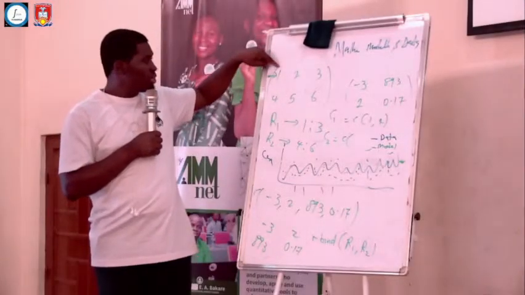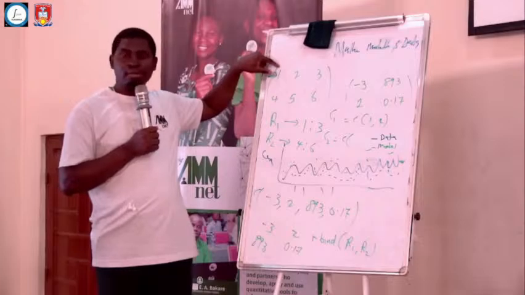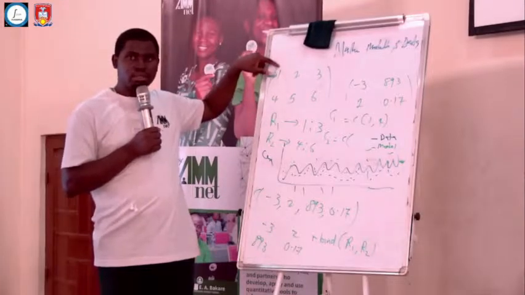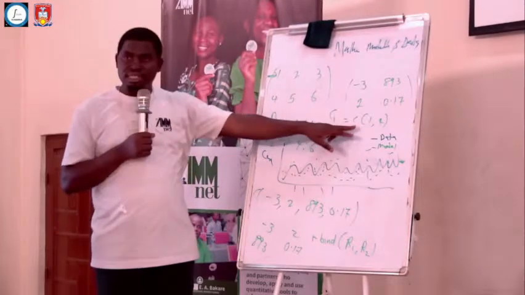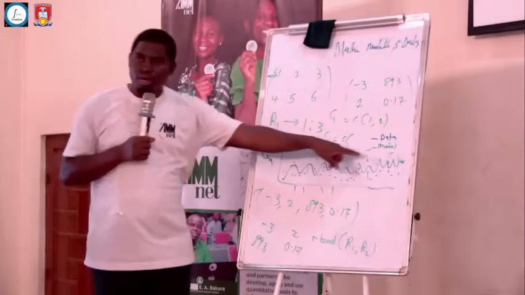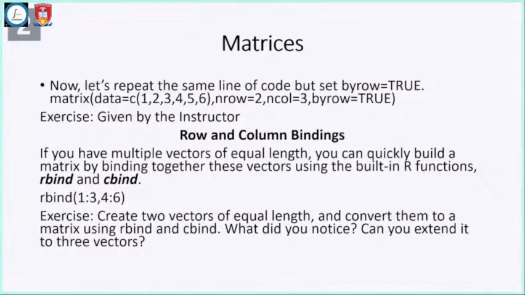We are still working with this matrix, and I want you to create this matrix using cbind. Column 1, create the vector. Column 2, create the vector. Column 3, create the vector, and then use cbind to get that done.